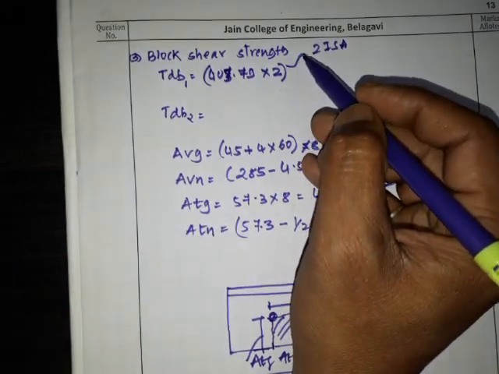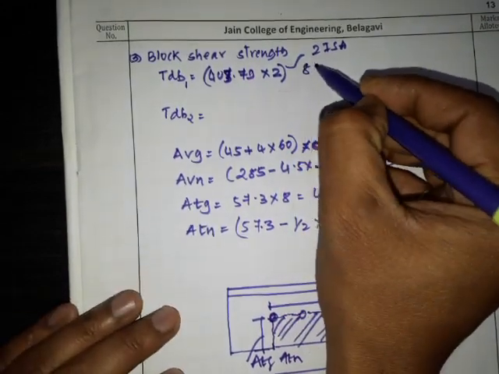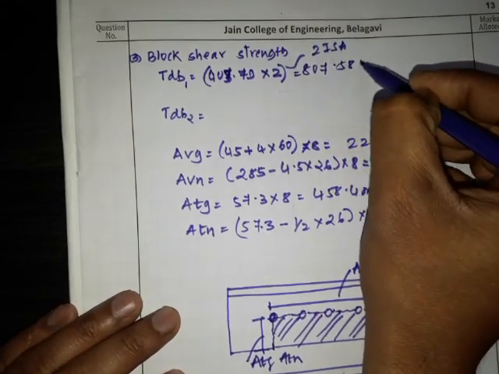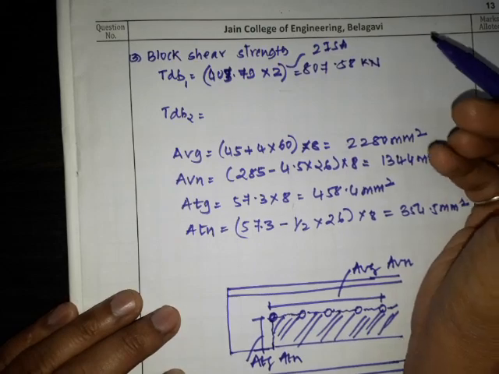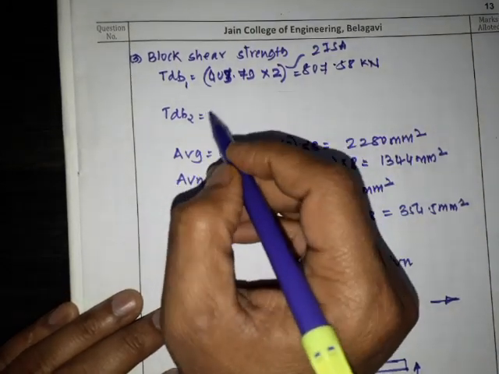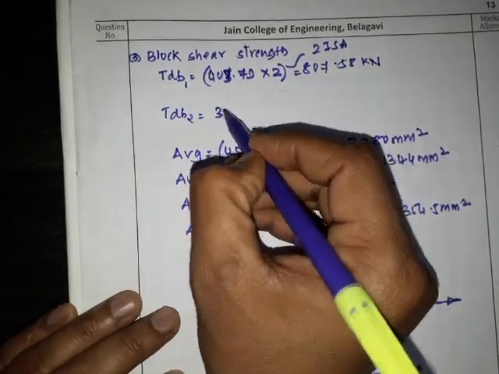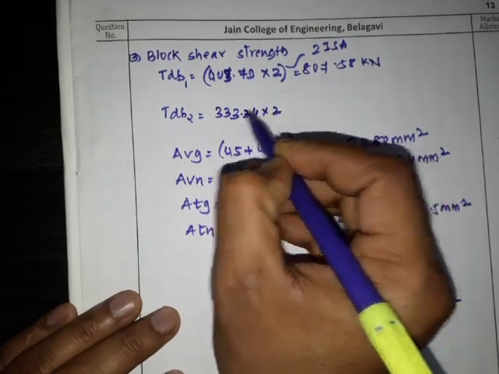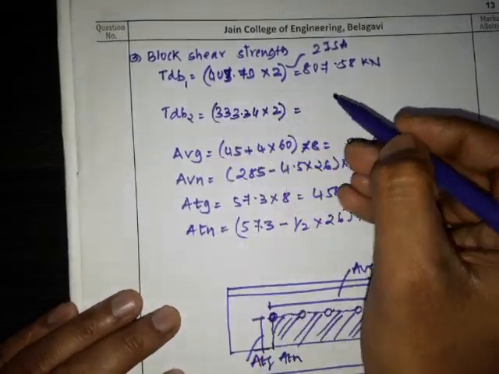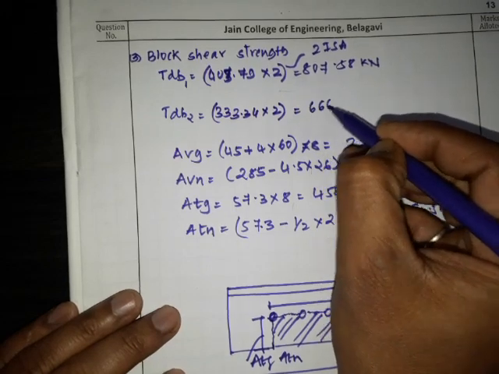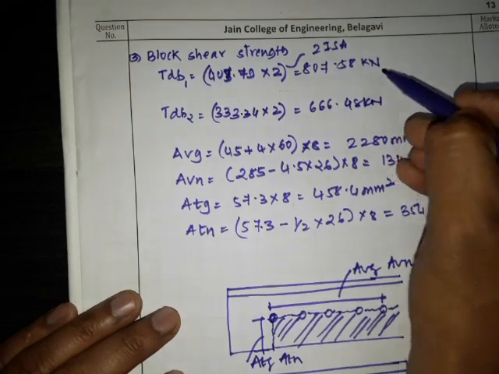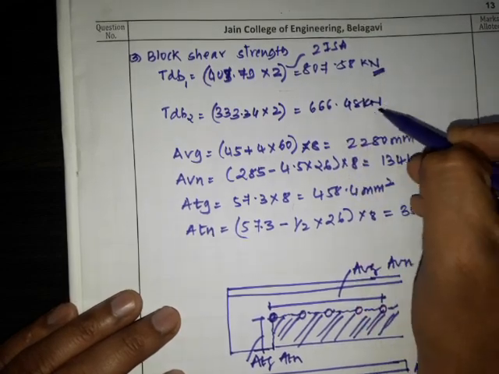So we get this as 807.58 kilonewton. Then TDB2 we get as 333.34, again into 2 for 2 ISA, we get 666.48 kilonewton.